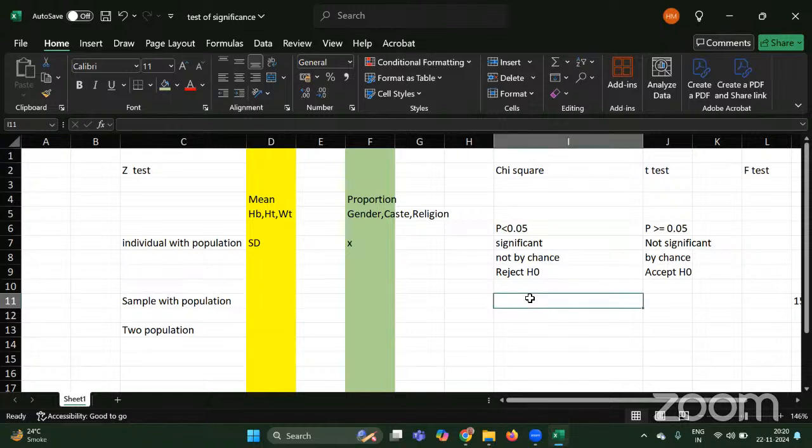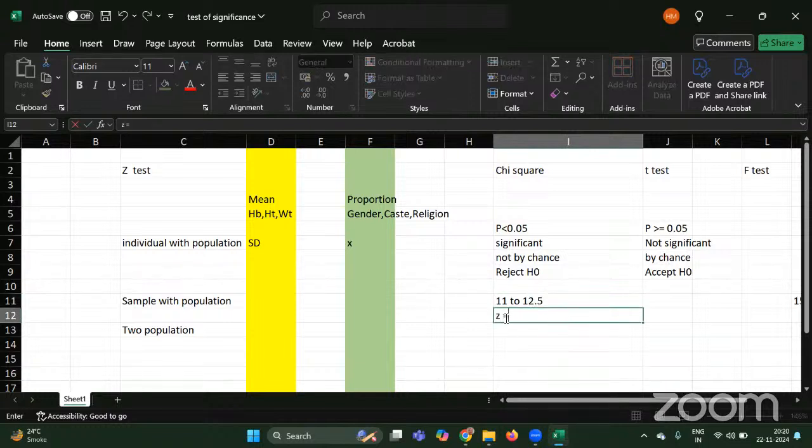In the same example, if we are asking how many will have a hemoglobin level between 11 to 12.5, then what do you do? You find out Z for 11, find out Z for 12.5, and from the Z table, you find out the area under the curve.